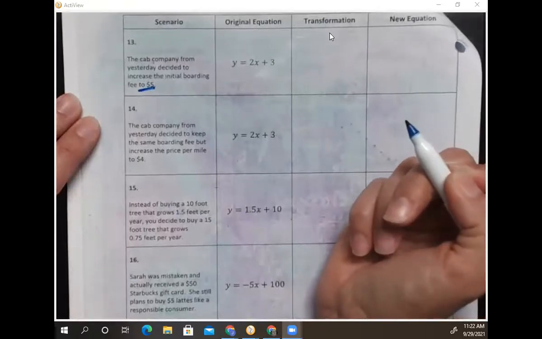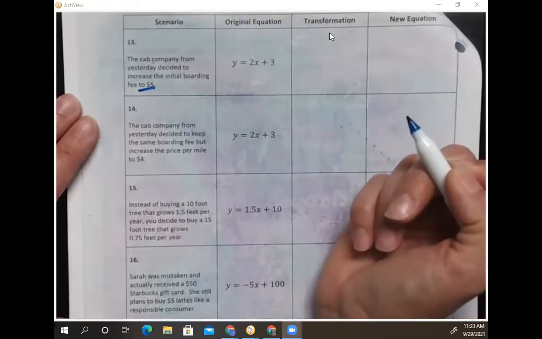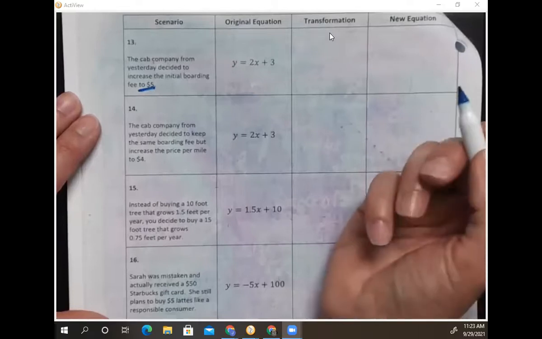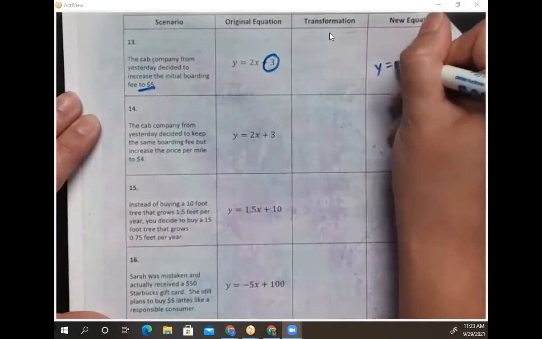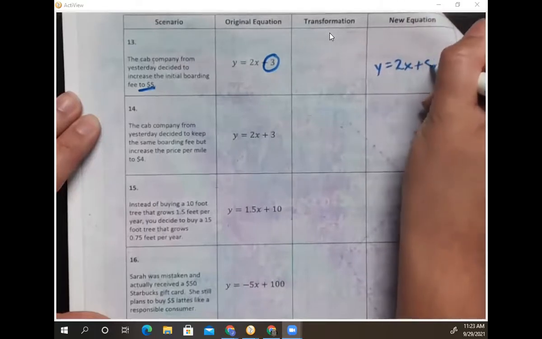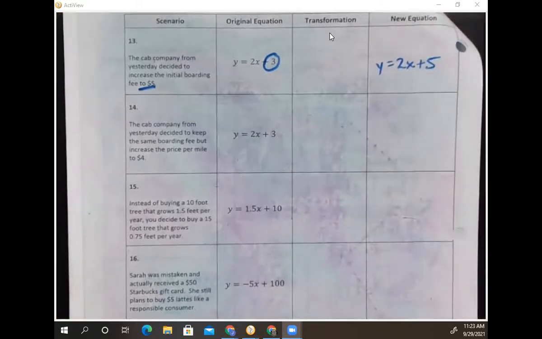So instead of a $3 boarding fee, they now have a $5 boarding fee. How will that change my function? I used to have a $3 boarding fee. Now it's a $5 boarding fee. Go ahead. Yeah, it's going to change this part. So y equals 2x plus 5 is my new equation.